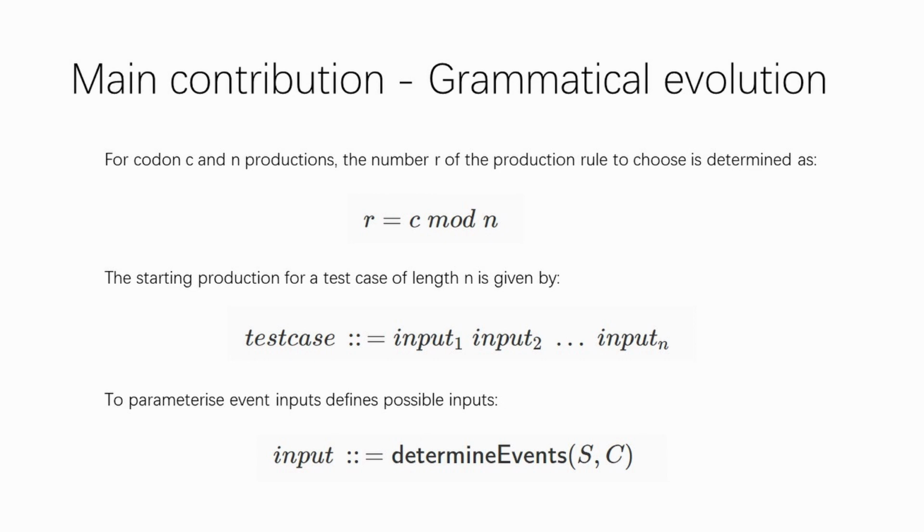A test case is a sequence of user inputs, which are UI events. Thus, the starting production for a test case of length n is given by equation 2. User inputs can be events sent via mouse, keyboard, or microphone. Therefore, terminals in the test grammar will denote concrete mouse, keyboard, or sound events, which may be parameterized. Equation 3 defines possible inputs.